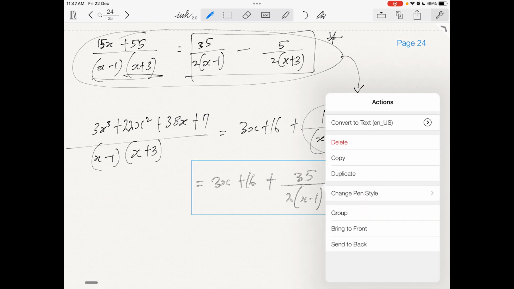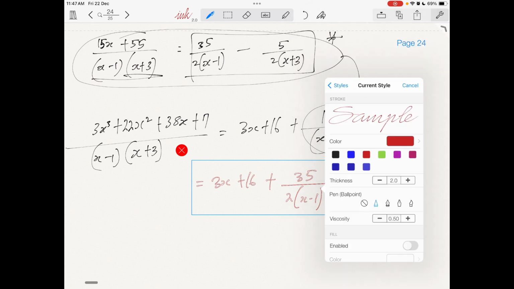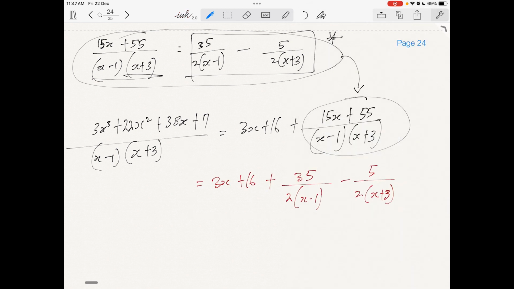So for improper fractions, the first thing to do as usual is to multiply out your denominator, and after we multiply out our denominator, we proceed to do our long division method of polynomials.